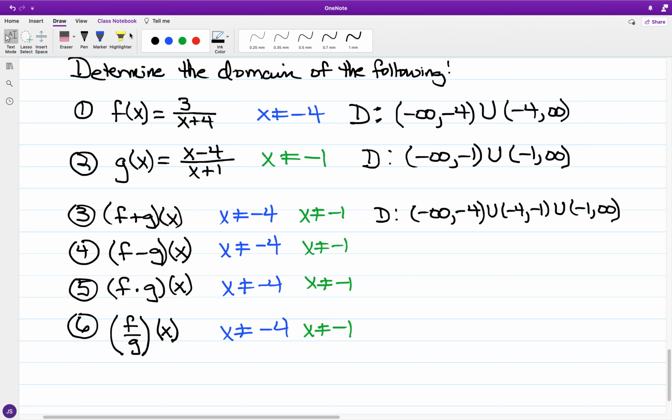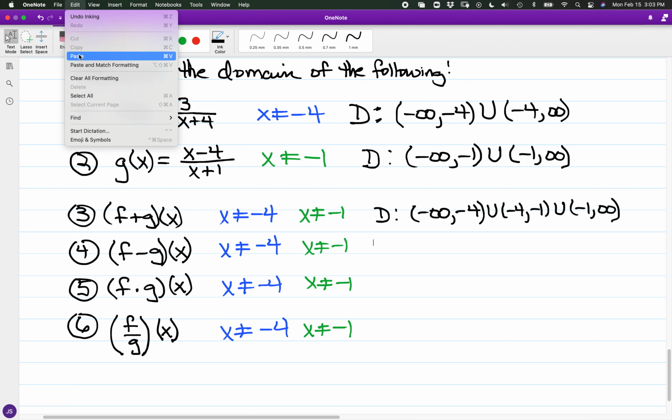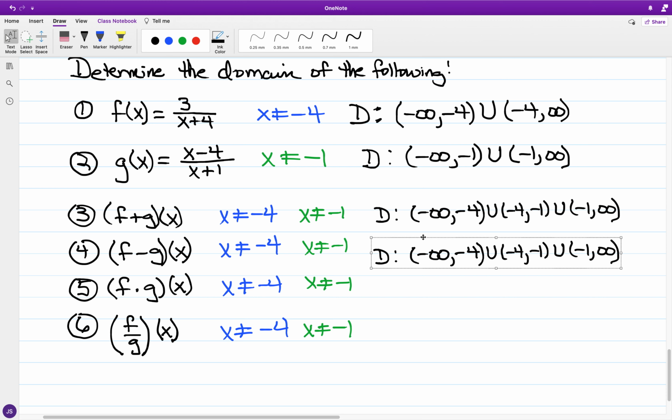So again, the sum, difference, and product functions will consist of the same domain.